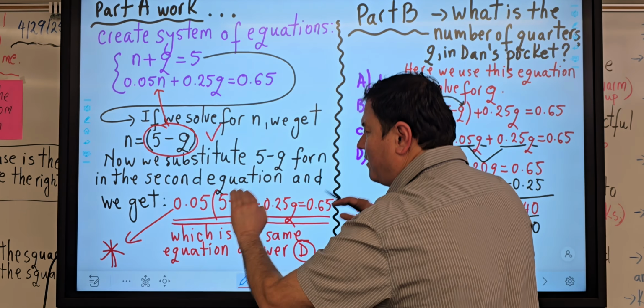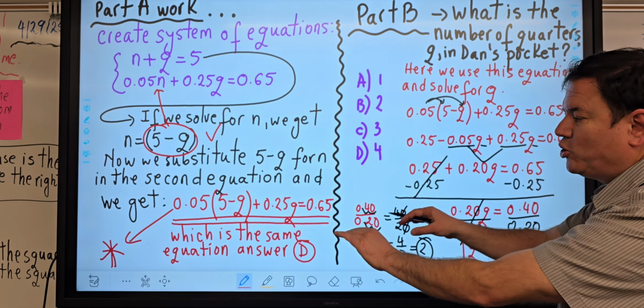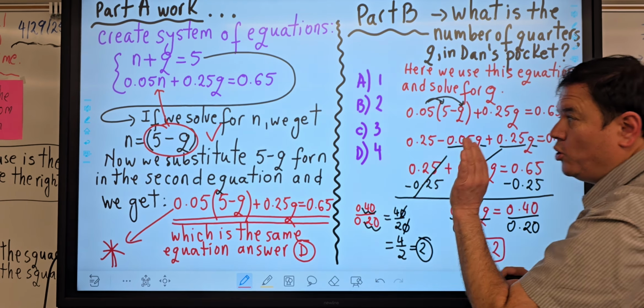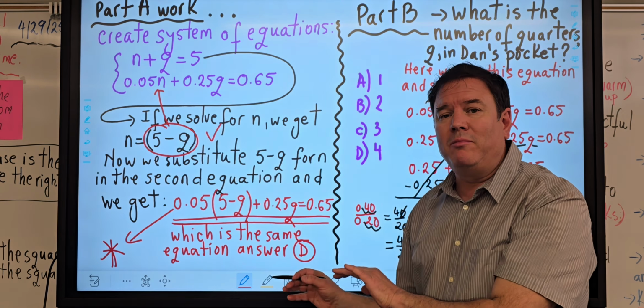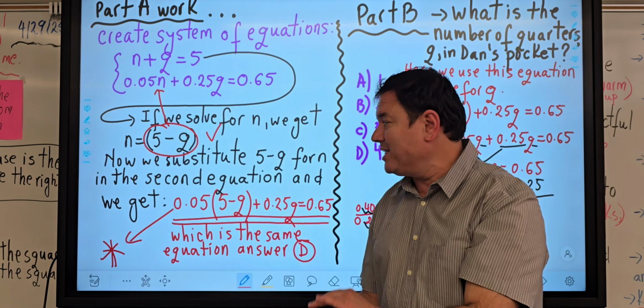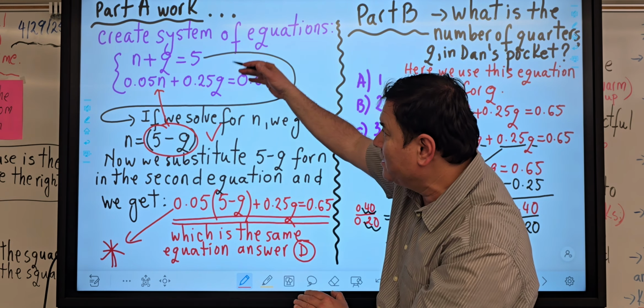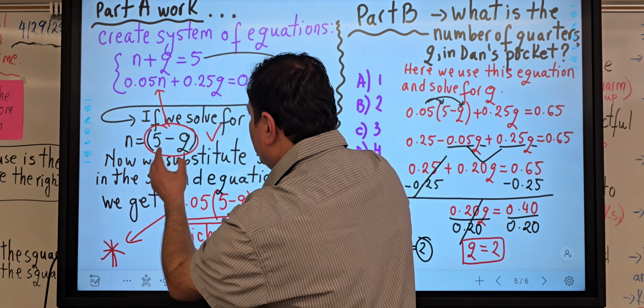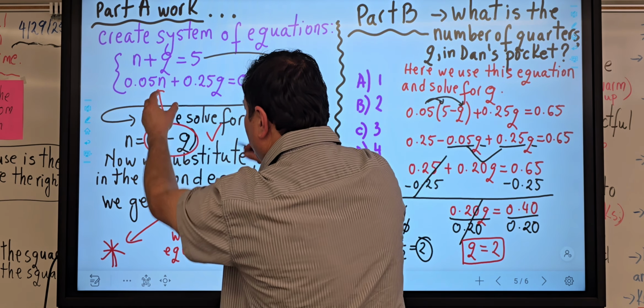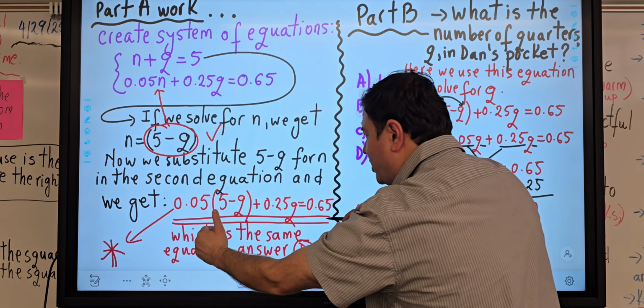And that was one of the multiple choice answers. So you really have to pay attention to what the problem is giving us in the multiple choice answers. You solve for N and then substitute the value into the N, and get this equation.